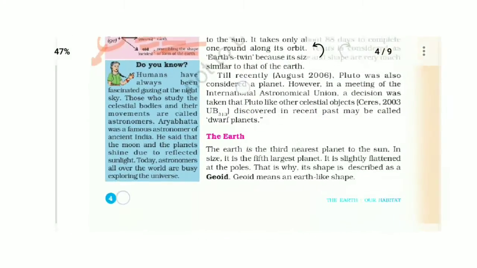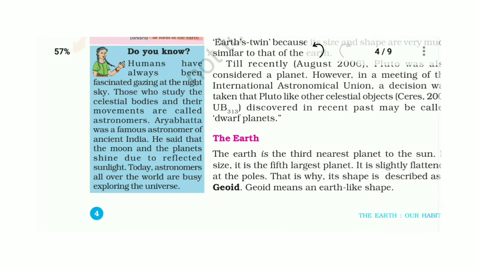It's not spherical or anything else, it is geoid. After that, there is one more point given: humans have always been fascinated gazing at the night sky, because obviously it is very fascinating how the stars are sparkling, how the moon is, and so on.